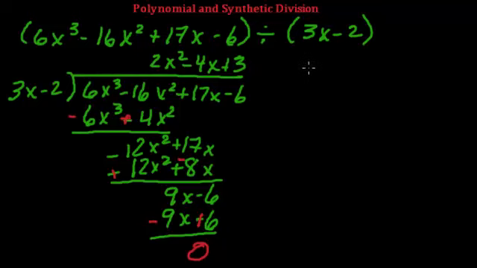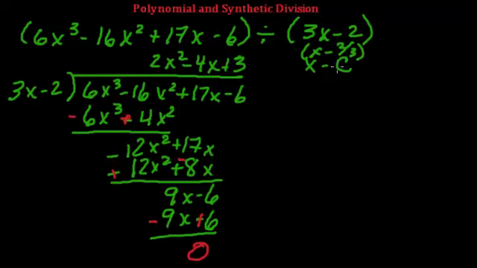Let's do this by synthetic division. It is not in x minus c form, but I can divide both terms by 3, and I could write this 3x minus 2 as x minus 2 thirds, dividing both of those terms by 3, and that will be sitting here very nicely.